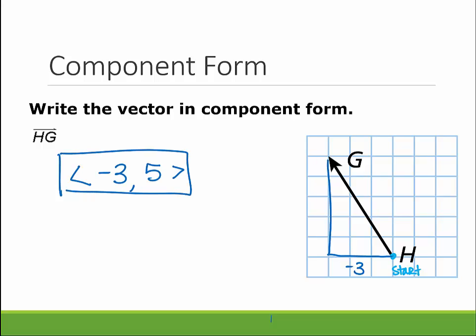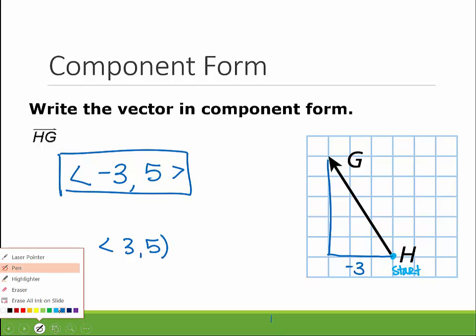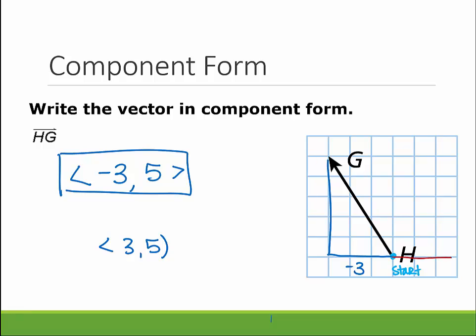This vector right here is very different than positive 3, 5. If you were to list positive 3, 5, you would have to go in this direction 3 and then up 5, so that would be the vector, which is very different than the one that they gave you. So be careful that you pay attention to your negatives and always do the X part first.